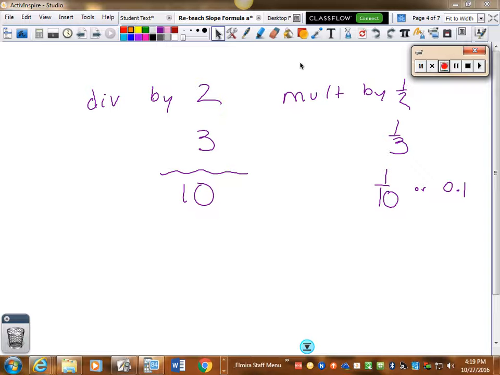So dividing something by 2 is the same as multiplying by 1/2. Dividing by 2 or taking half of something are the same thing. Dividing by 3 and multiplying by 1/3 are the same thing. Dividing by 10 is the same thing as multiplying by 1/10 or 0.10.